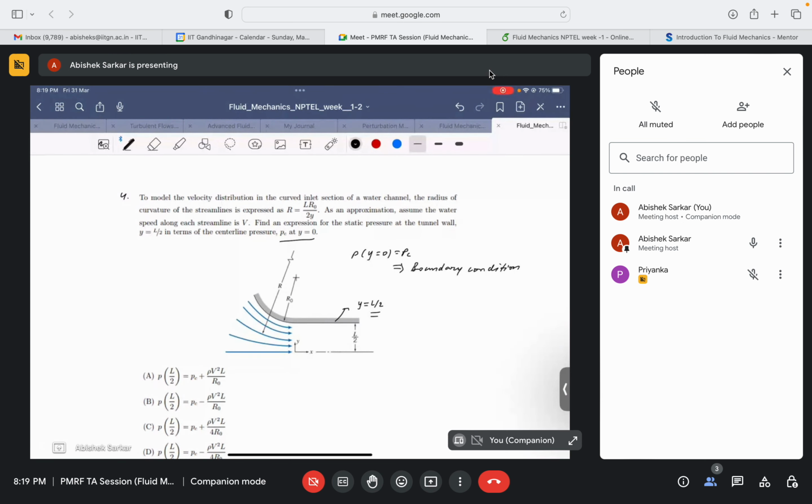So the helpful idea would be to jump to the Euler's equation of motion in the streamline coordinate system. Given that hint, you can approach using those governing equations and take the necessary assumptions.